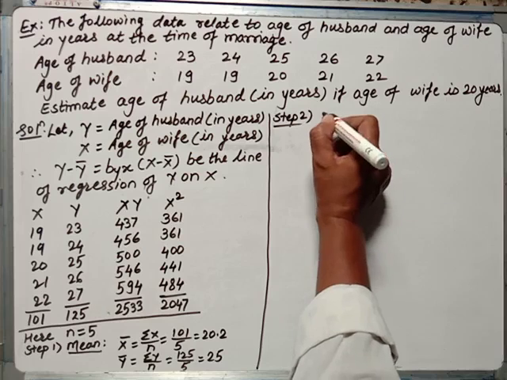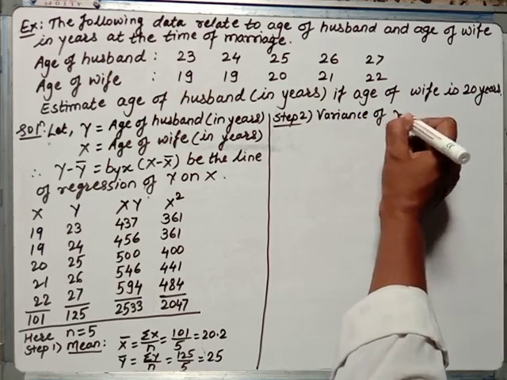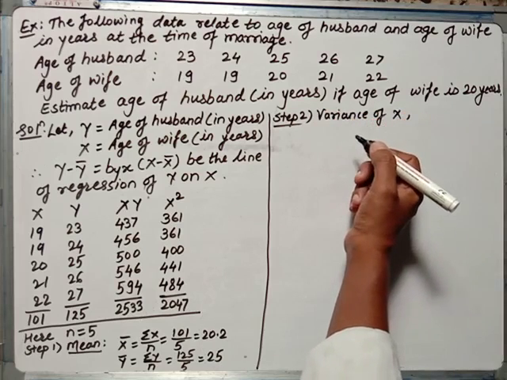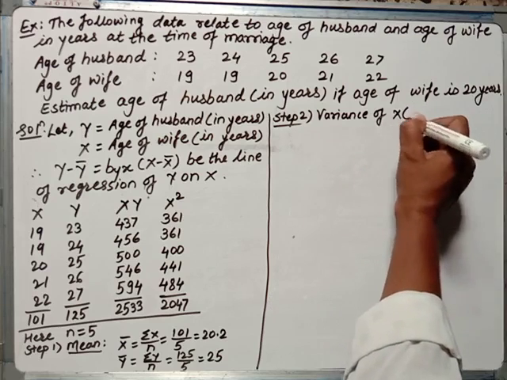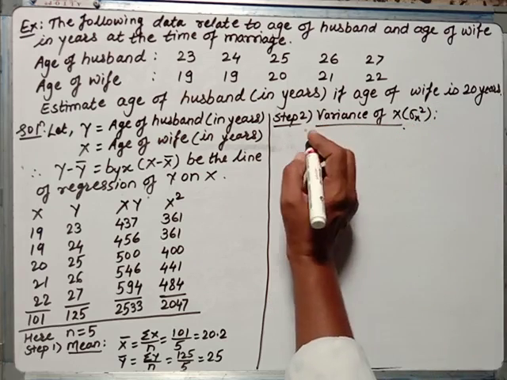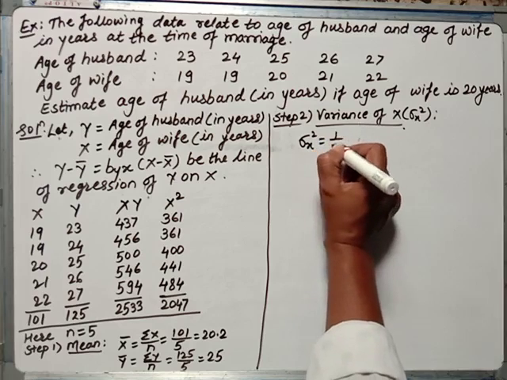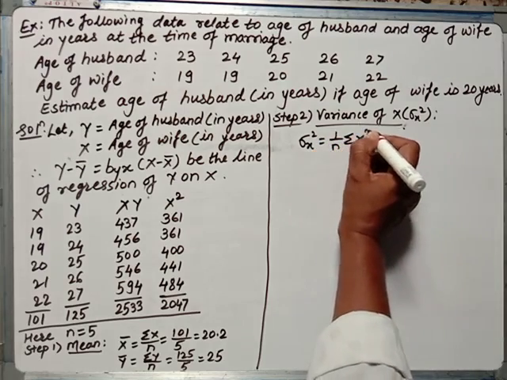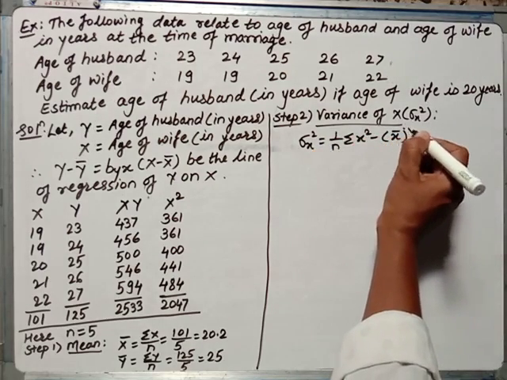Step 2, let's find the variance of x, that is sigma x square. That one we need, right? So sigma x square is 1 upon n summation x square minus x bar square.